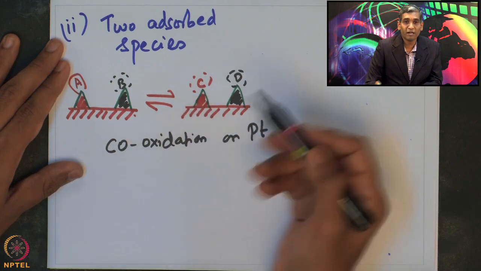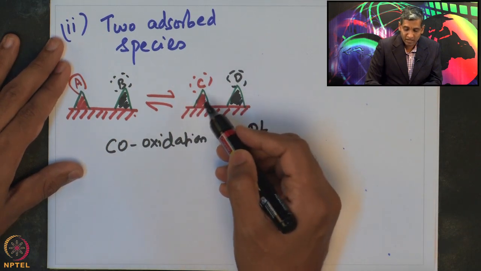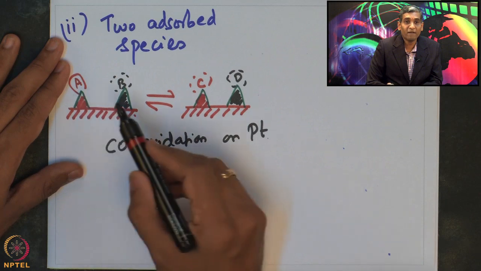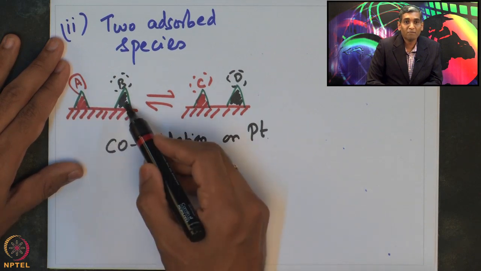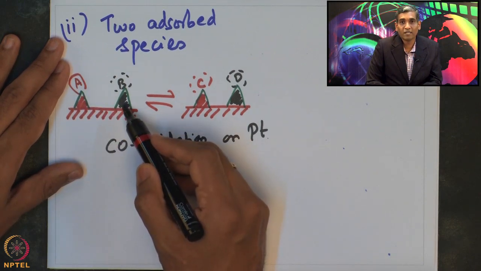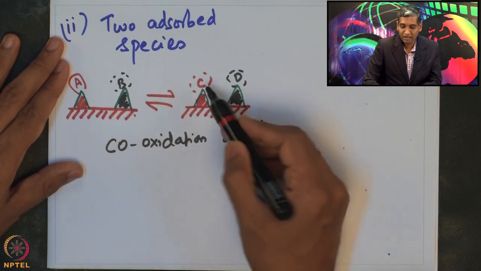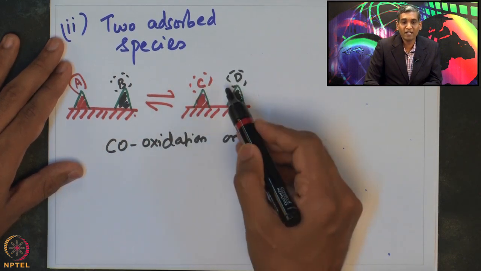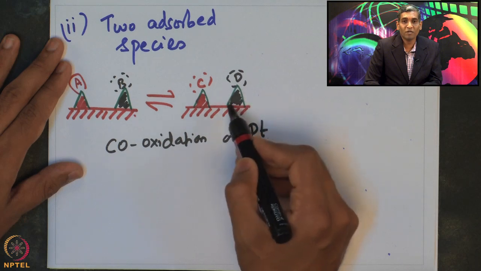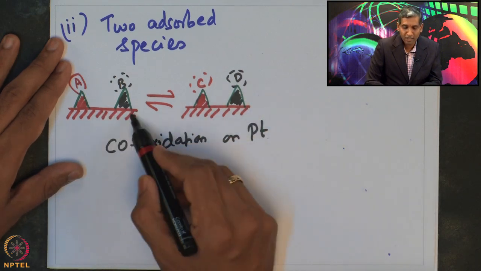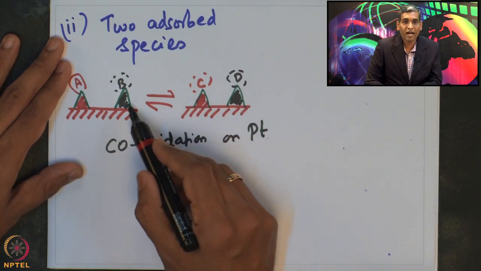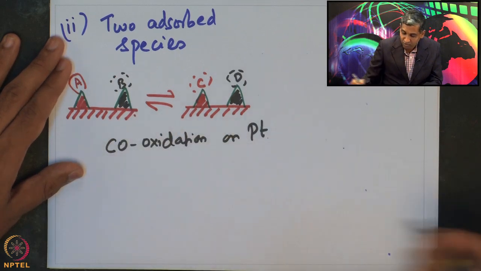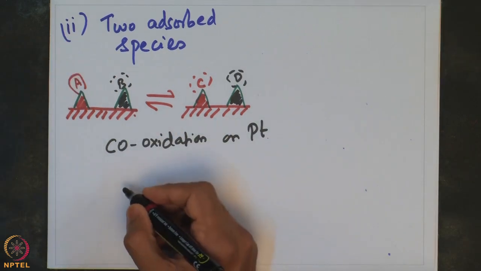But for generalization, we can say that species A which is adsorbed onto one site and species B which is adsorbed onto the second site could reversibly lead to two product species C and D which are adsorbed onto the two sites, that is, initially having two adsorbed reactant species. So, let us try to write the rate expression for this.